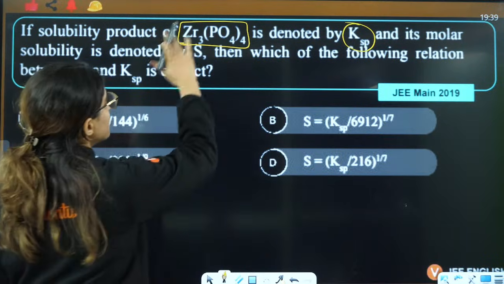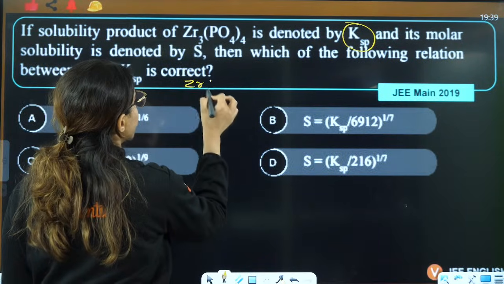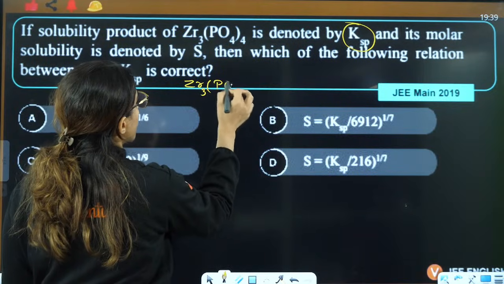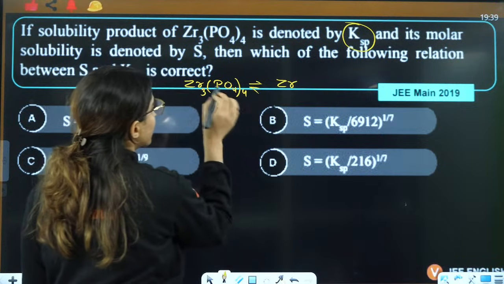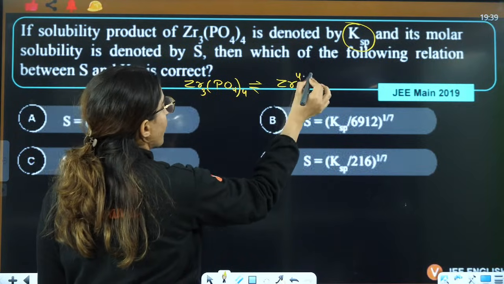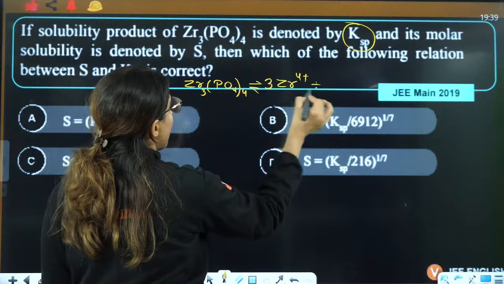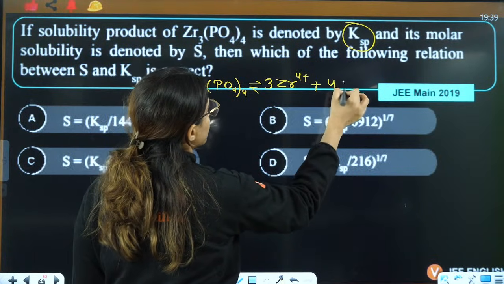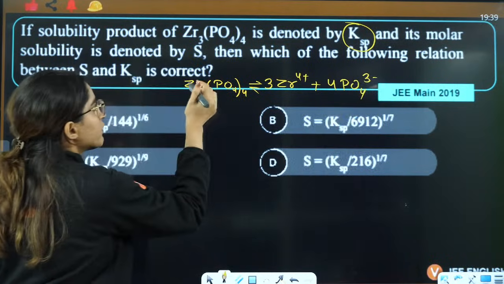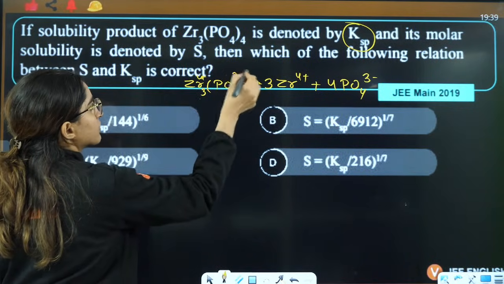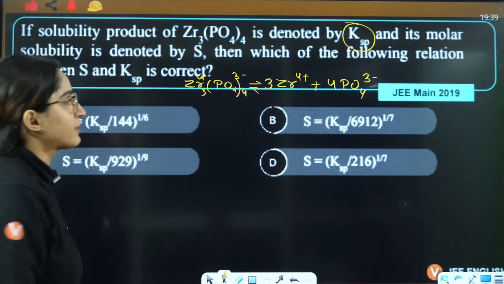It's quite simple, you just have to dissociate it. Zr3(PO4)4 will dissociate into 3 Zr 4 positive and 4 PO4 3 negative. Okay, that's how you write it.